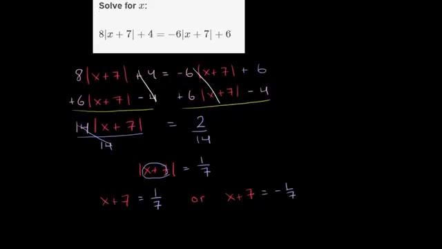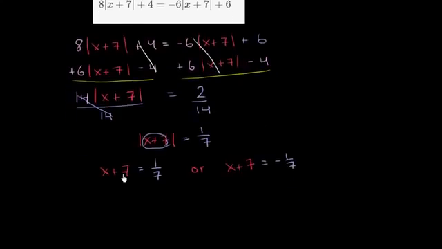So now let's just solve for x. If we subtract 7 from both sides for this left-hand equation, we get x is equal to 1/7 minus 7, and 7 we can rewrite as 49 over 7, which is equal to negative 48 over 7. So that's one possibility for x.